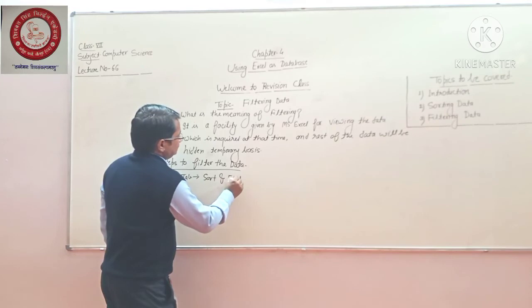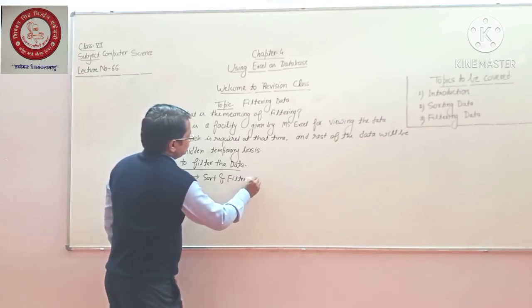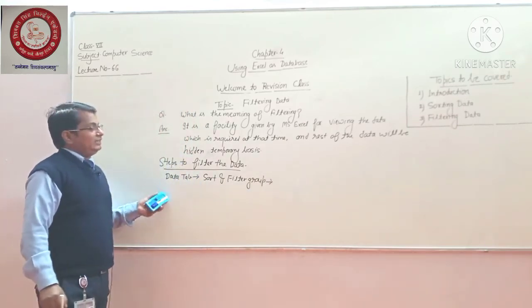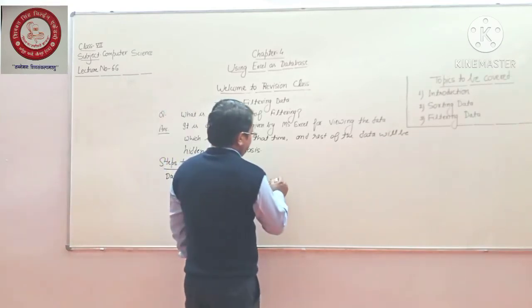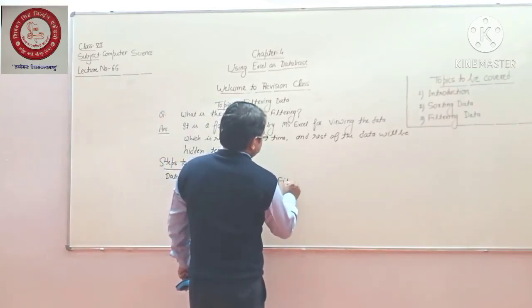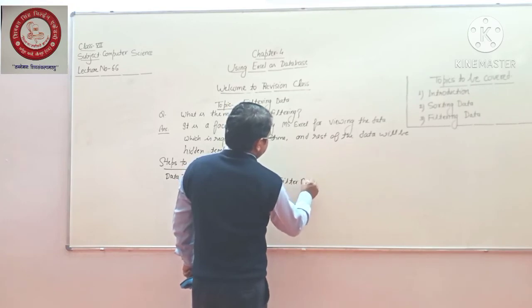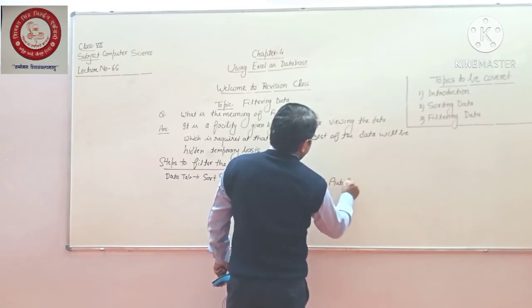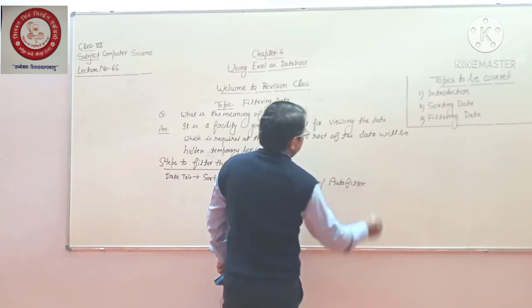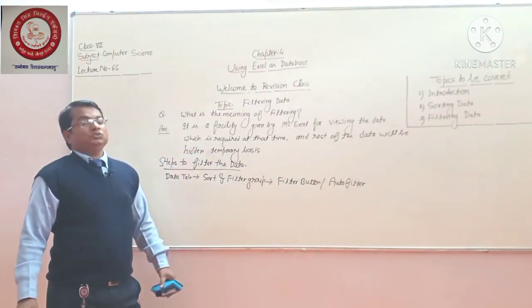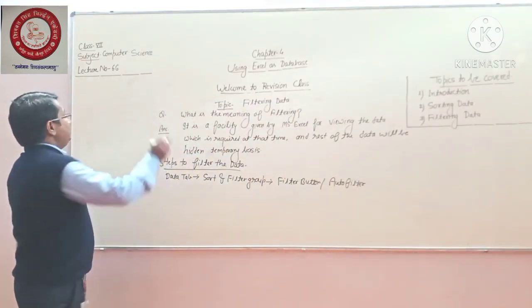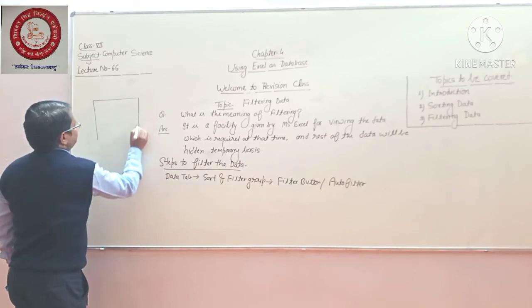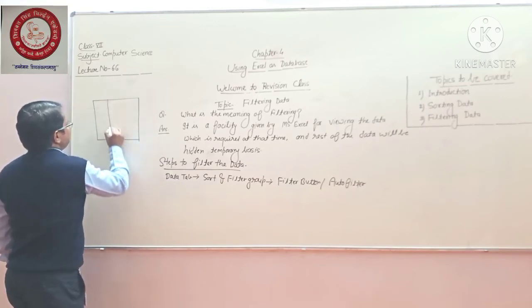Once you find the Data tab and the Sort and Filter group, you will find the Filter button. You can also call that button AutoFilter. Just click one time. Once you click on that, immediately some filters will appear on the selected data. Suppose this is your Excel sheet.